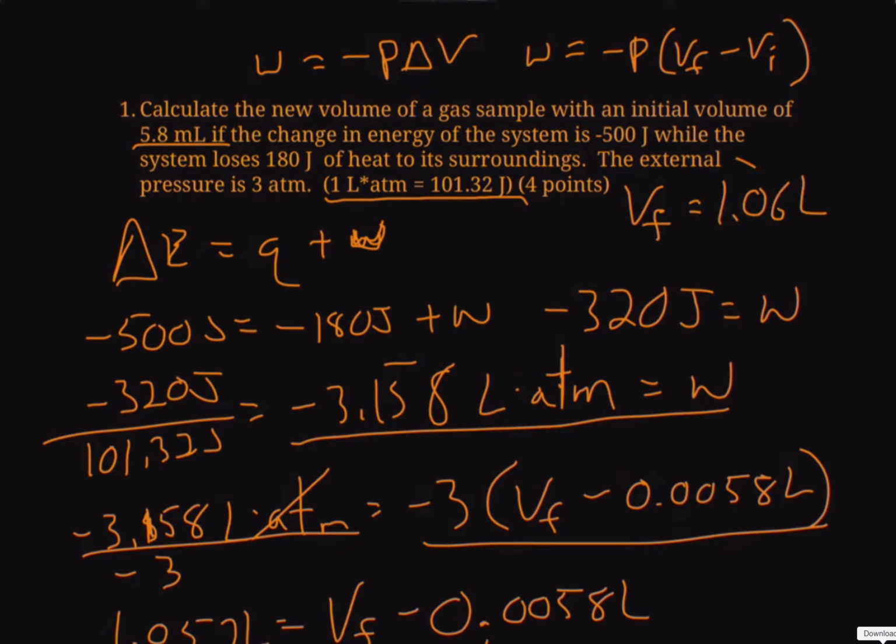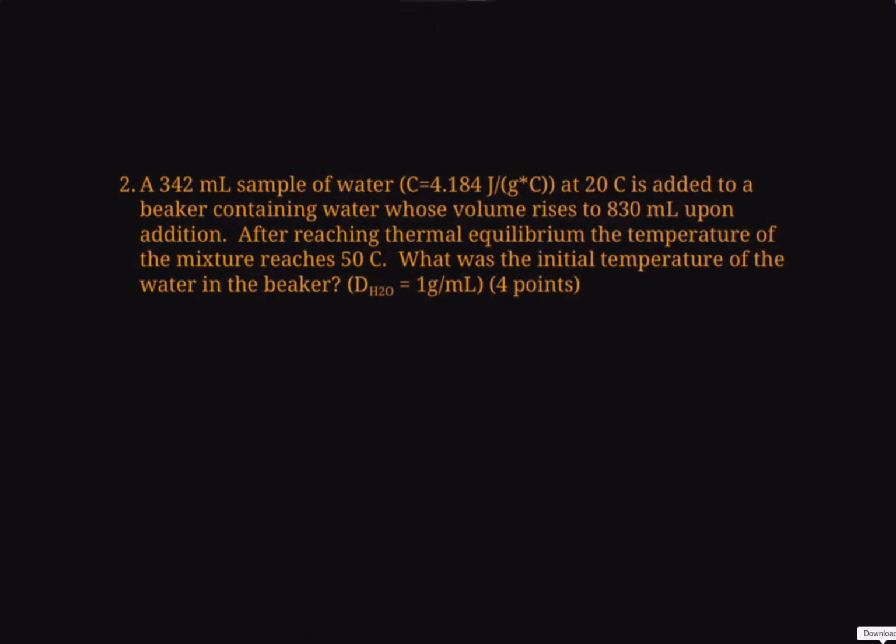1.06 liters. If we have 2 samples of water at 2 different temperatures, we add them together and we get a final temperature of the mixture of 50 degrees. Then what was the initial temperature of the water in the beaker?